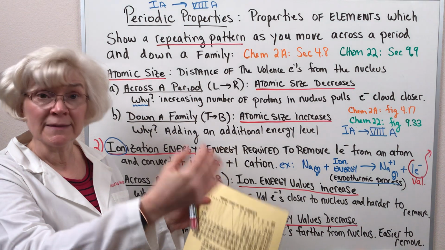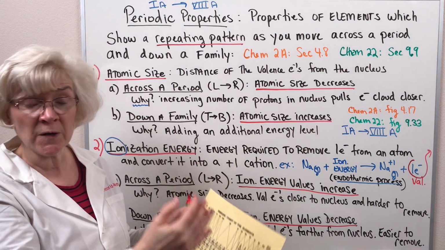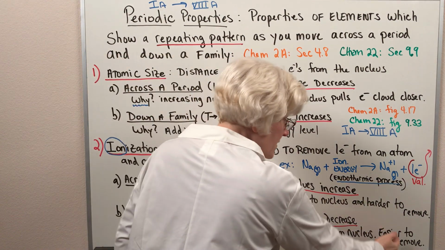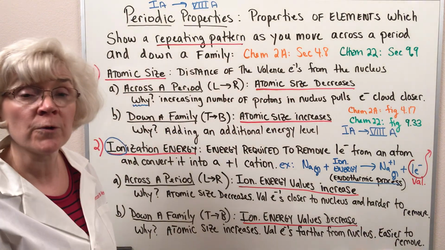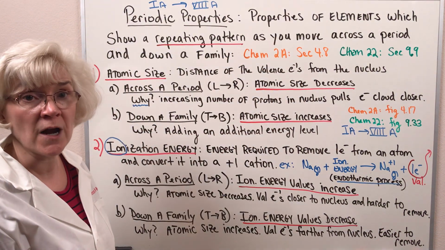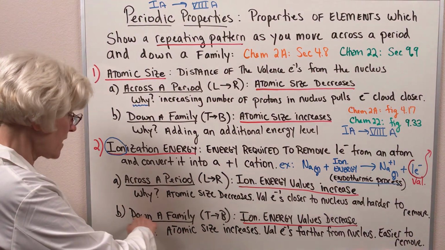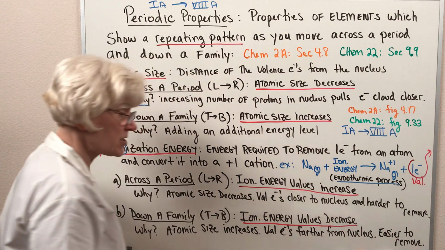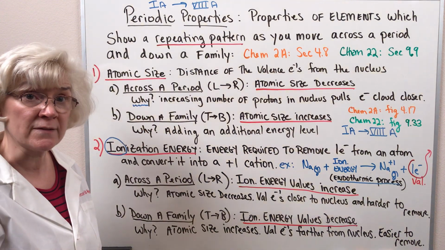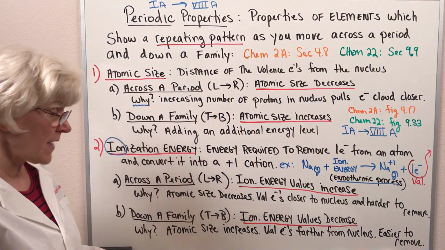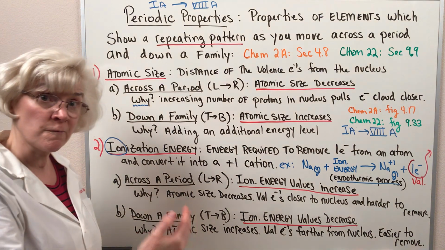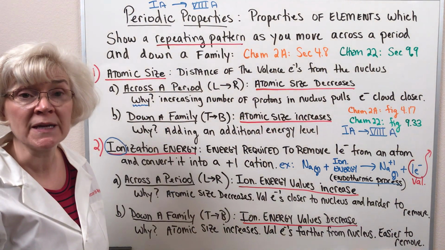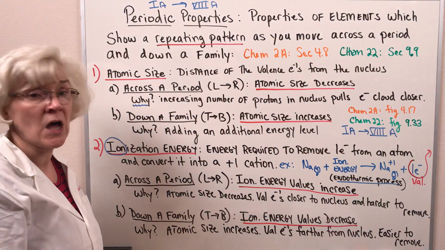They're going to be less tightly held or experiencing a weaker nuclear attraction, and it will be easier to ionize or remove a valence electron. So as we go down a family top to bottom, we see that ionization energy values decrease, and that makes direct sense. You can figure it out if you stop and think about what's happening in the pattern with atomic size.